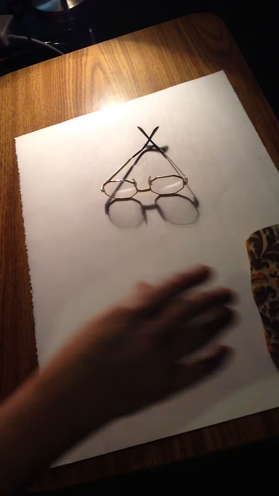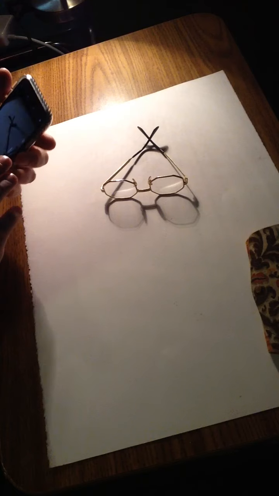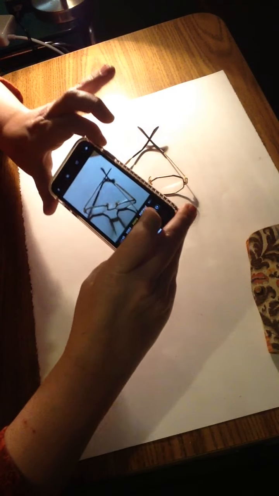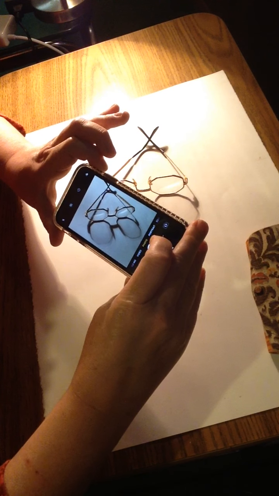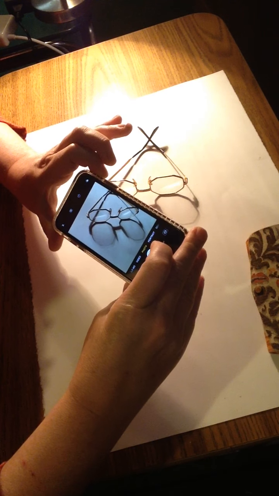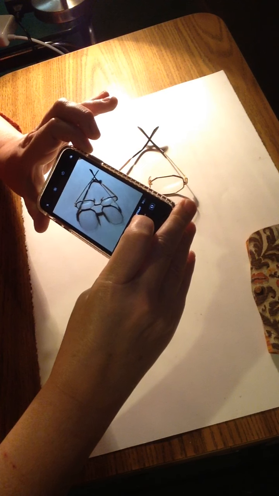As I compose this with my camera and frame this, which means to organize it, I'm going to consider whether or not the whole shadow's in, whether I include the whole object or maybe fragments of it. I might take several different pictures.